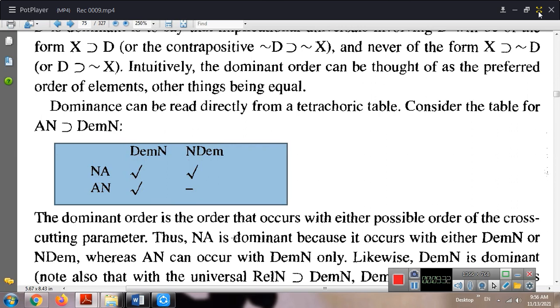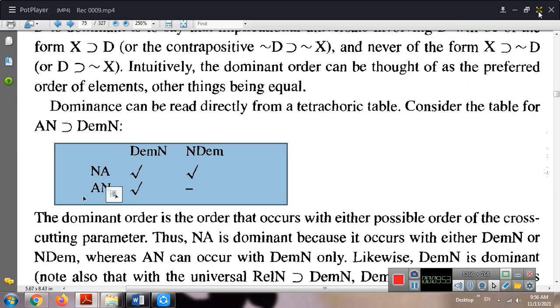Then I try to find the dominant order. Here we say that if noun adjective, then demonstrative noun or non-demonstrative. Both of them can occur when we have noun adjective.